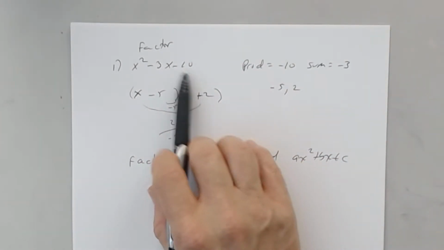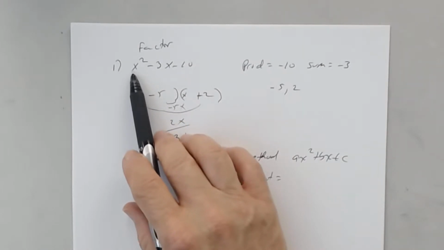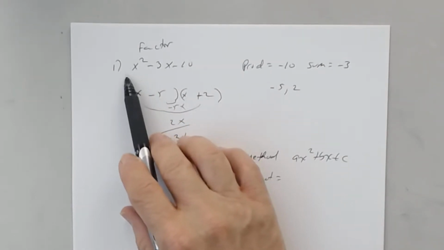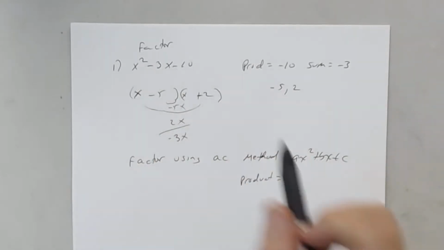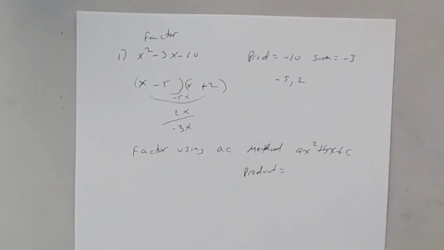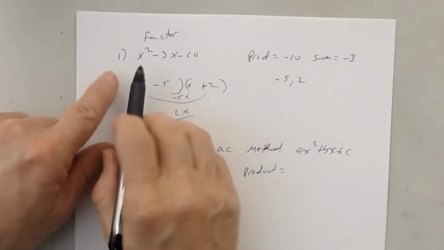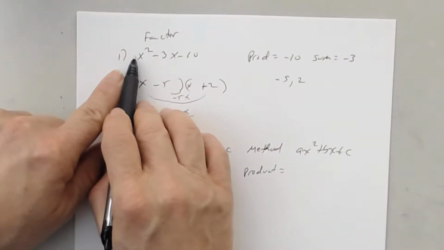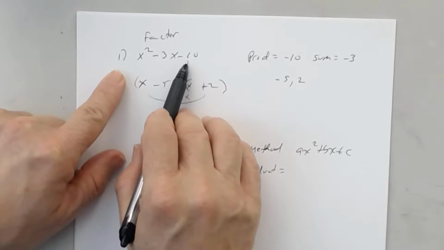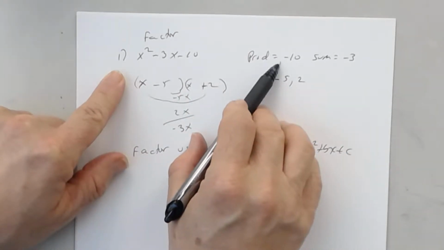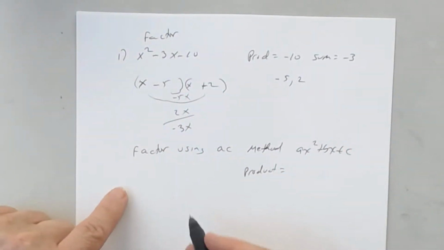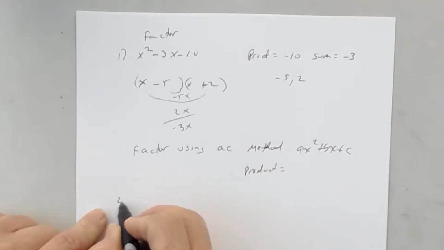And we did that because the coefficient of x squared was 1. So a was 1. But what we're really doing is using the AC method, because when I multiply a, which is 1, times c, which is negative 10, I got negative 10.